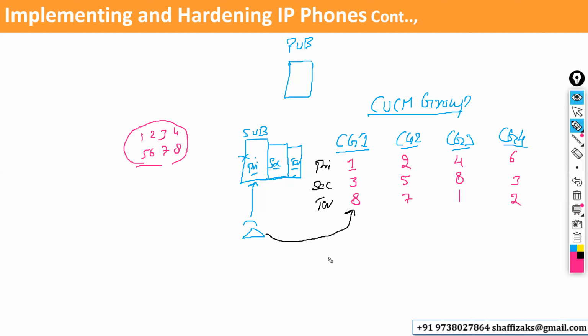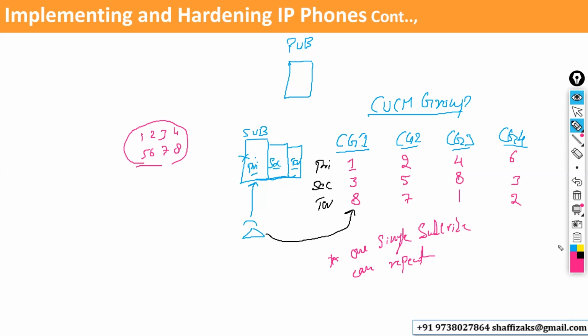Now, one single subscriber can repeat in multiple groups. There is no condition that because you have taken it in one group, you cannot take that server in another group.